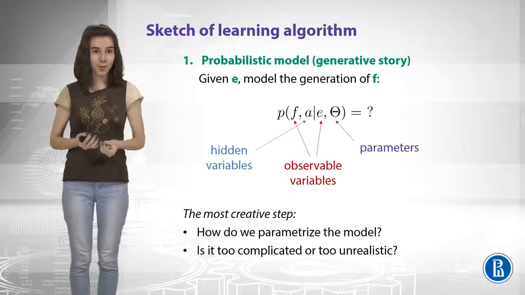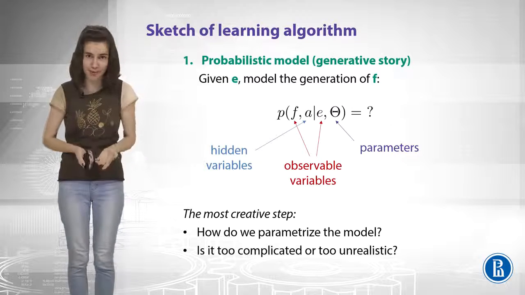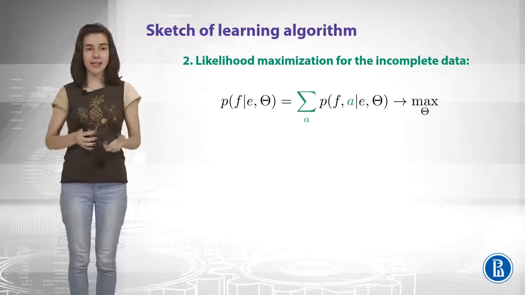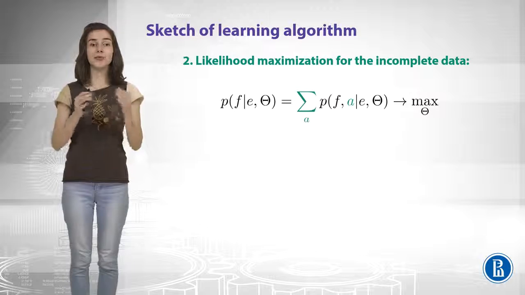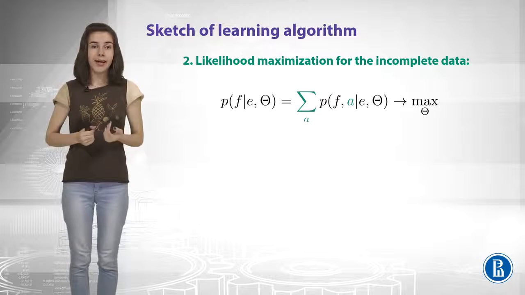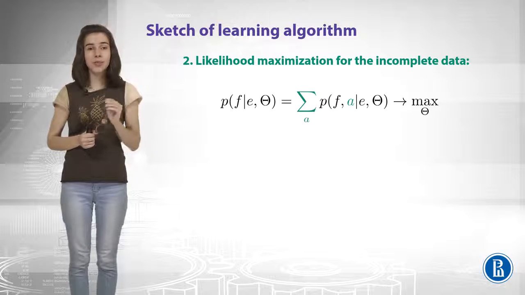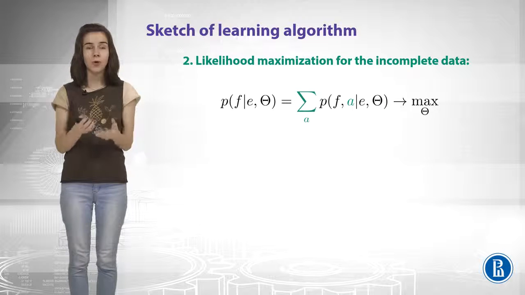Well, you should know that in all these situations, we do likelihood maximization. So we take our data, we write down the probability to see our data, and we try to maximize this. Now, one complicated thing with this is that we do not see everything that we need to model.